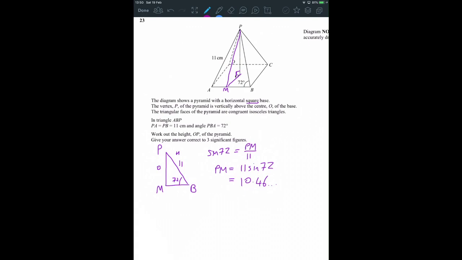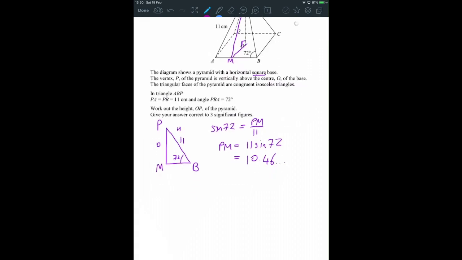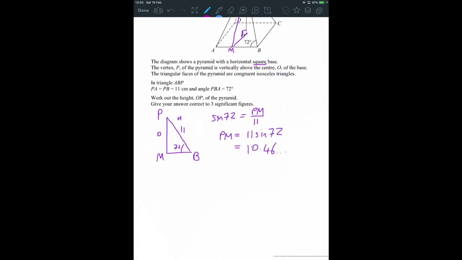I now need OM, and this is where using the symmetry, the fact that it's a square base, is helpful. M to B is actually going to be exactly the same as O to M. M to B is half of the front side, which is the same as half of the left or right side, which is exactly OM. So actually OM is the same as MB.